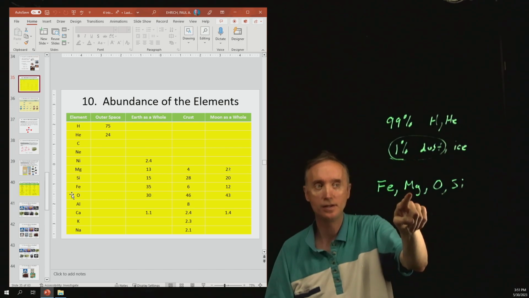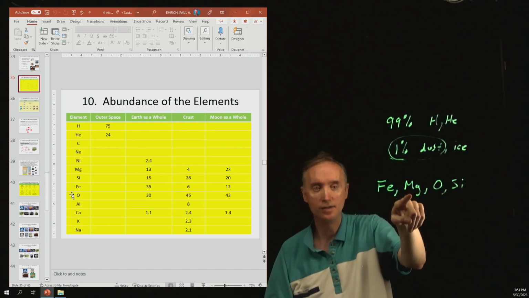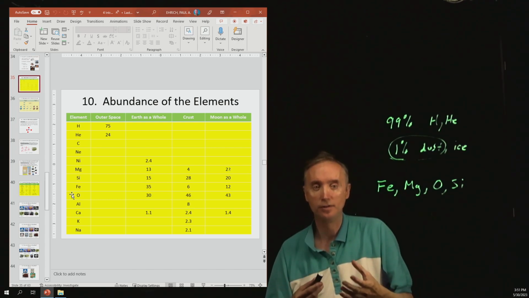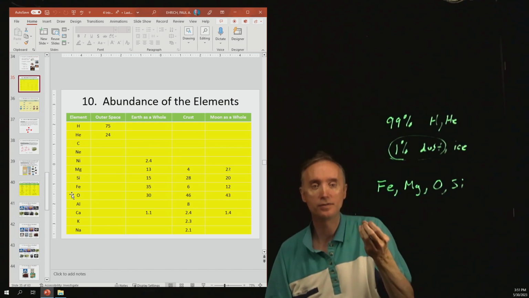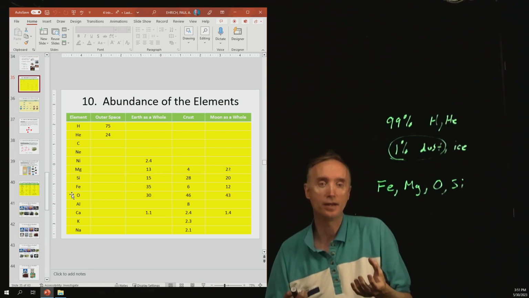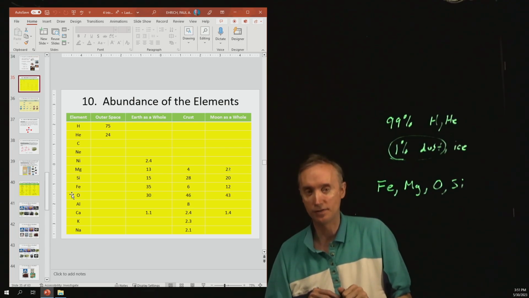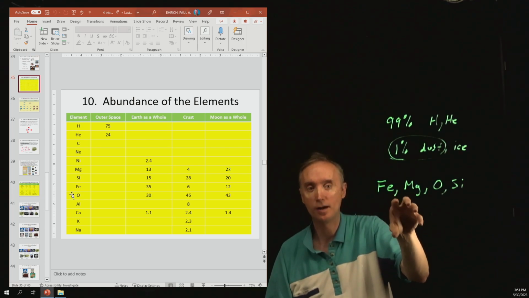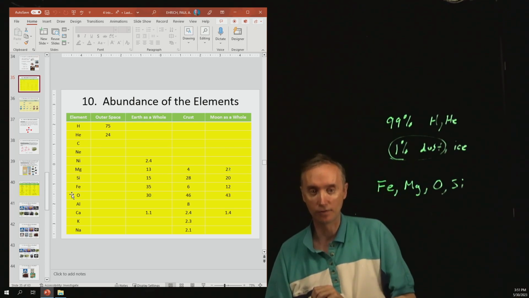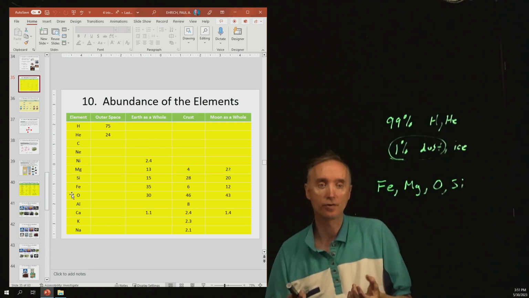Okay, what about the magnesium? Well, the magnesium is a relatively large atom, and so that means that the minerals that it makes are relatively dense. So magnesium minerals make up the mantle of the Earth, the middle part of the Earth. So what does that leave you for the crust?